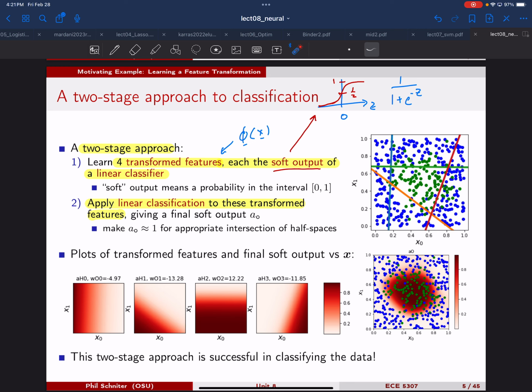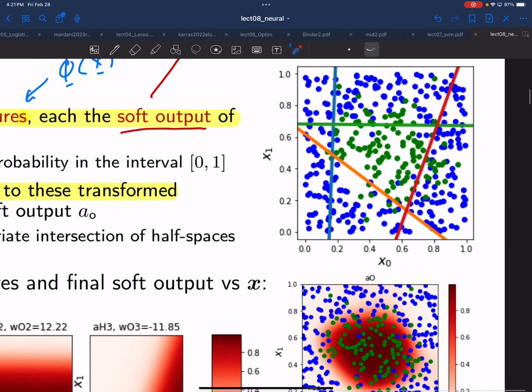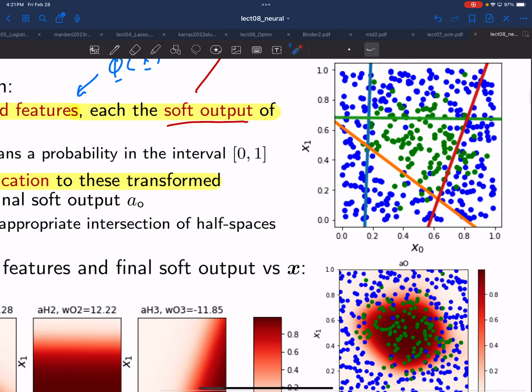All right, so what are some other questions? Okay, so why are we using 4 different lines here, 4 different features, transform features? Could we have gotten away with 2? What is this picture going to look like if we have 2 features?